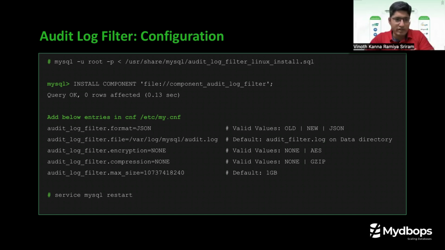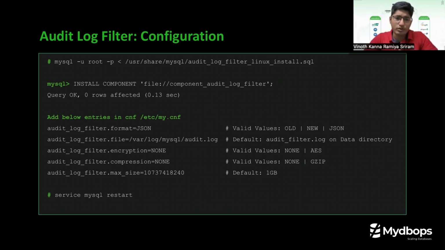Some key parameters include the format of the audit log itself. The old and new formats use XML based formatting, and the modern format that we recommend is JSON based. And the second key parameter is the file.